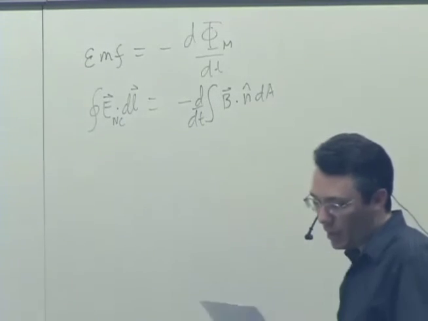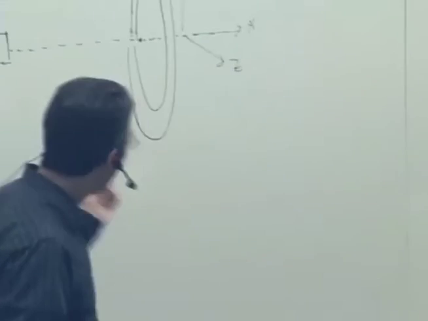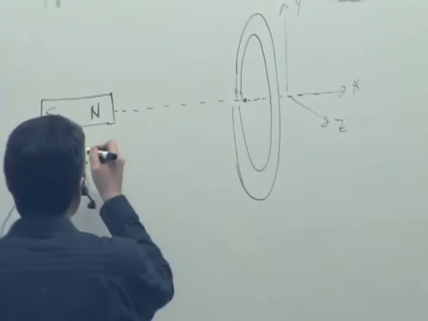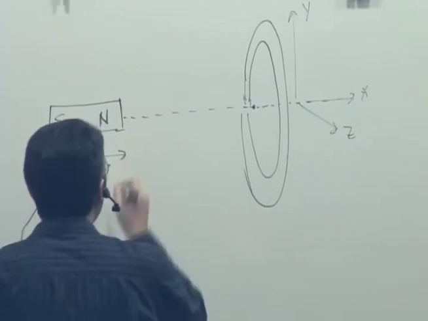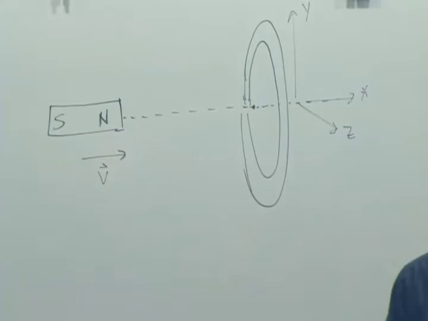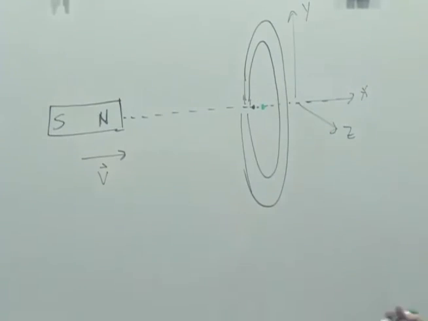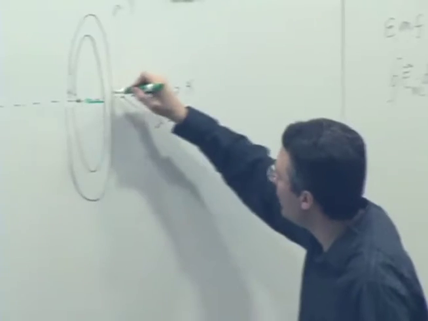Okay? So let's say you have a metal ring, and you're going to move this bar magnet closer. So we're saying the velocity is that way. And if I were to draw the magnetic field due to this bar magnet at the location of this metal ring, say in the center, so initially B is pointing in what direction? That way. Okay, so we draw B in that direction.